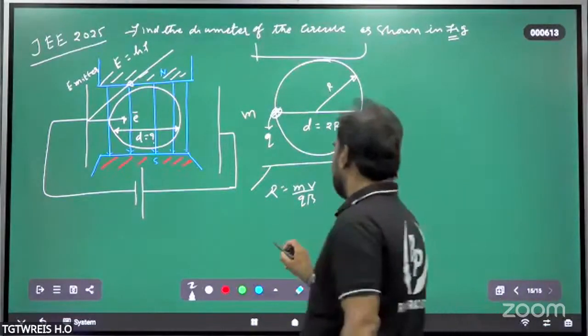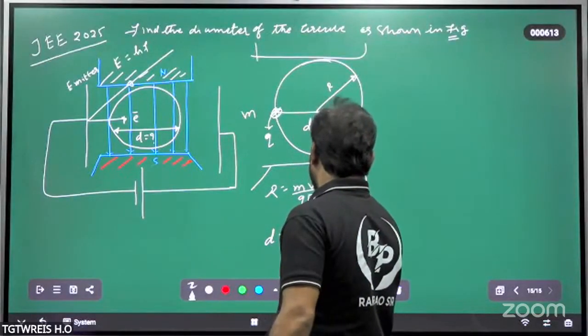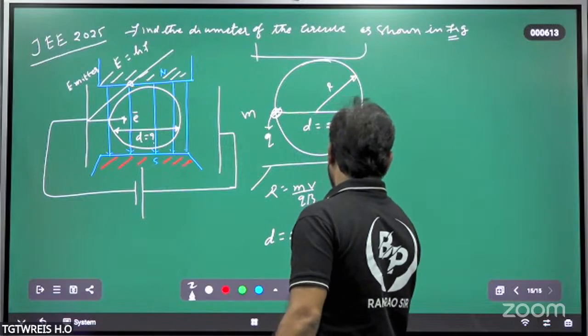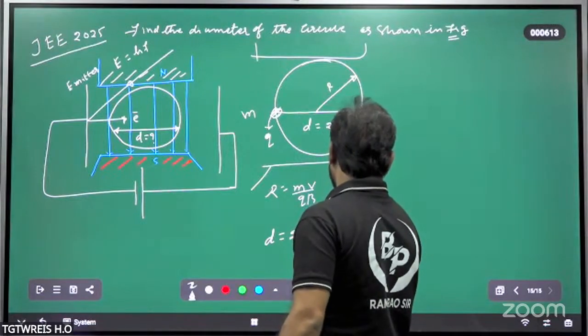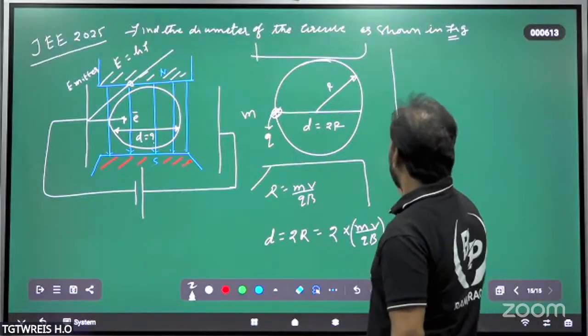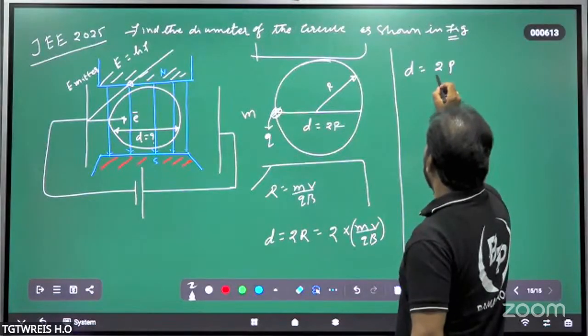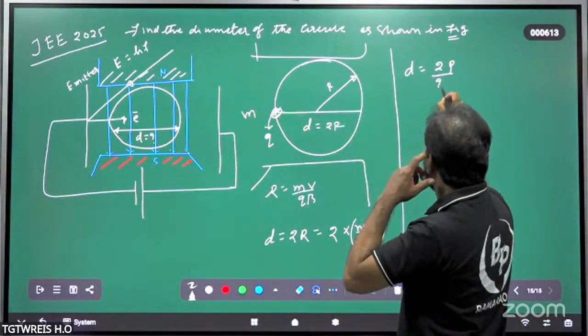But what is the diameter? Diameter D is equal to 2R, that is 2 into mv upon qB. Is it clear? Therefore, D is equal to 2P upon qB. What is P?